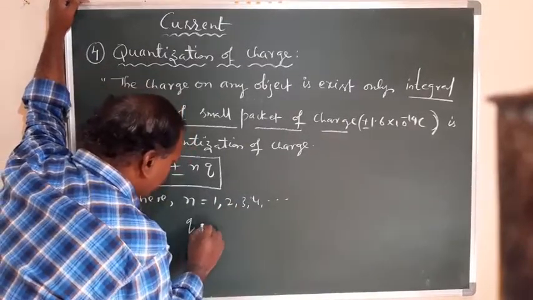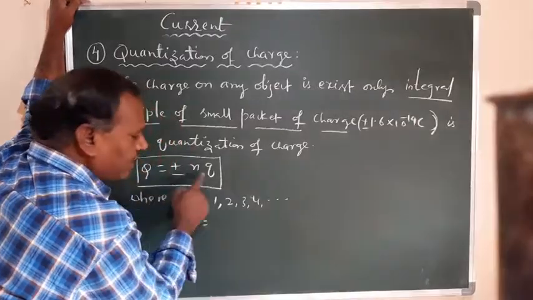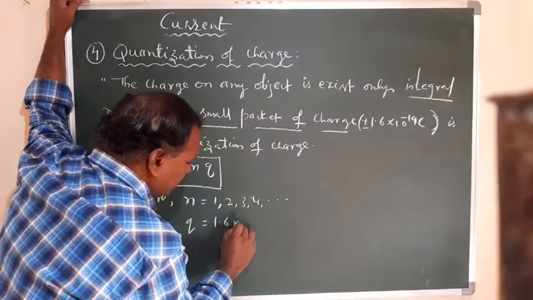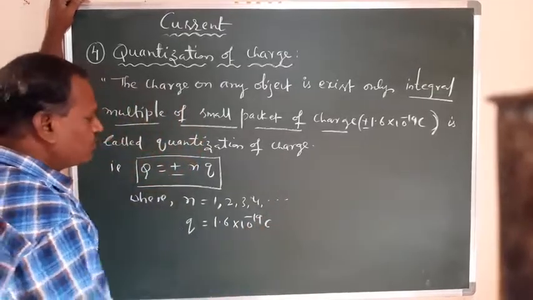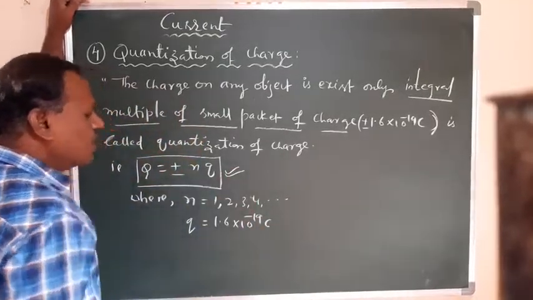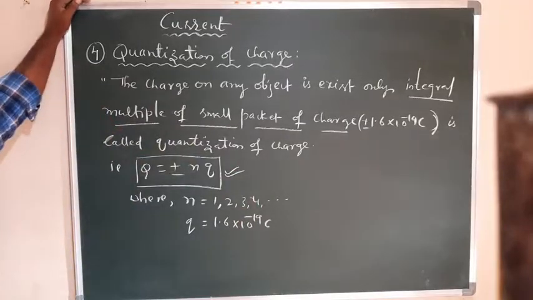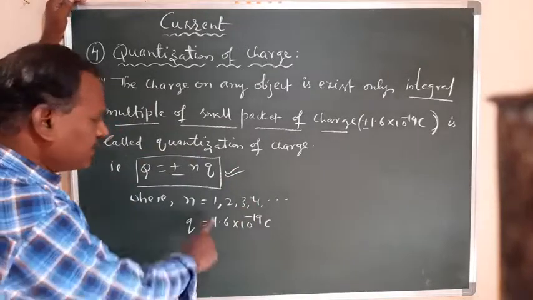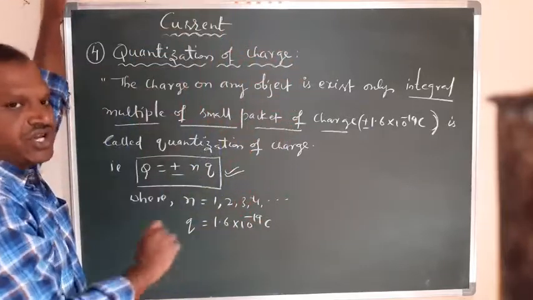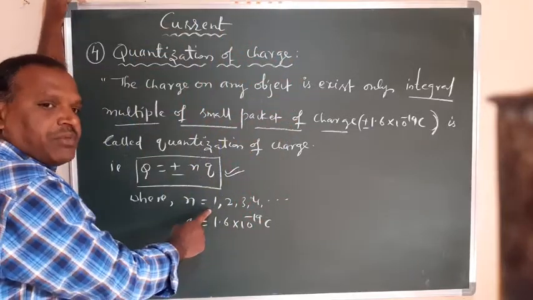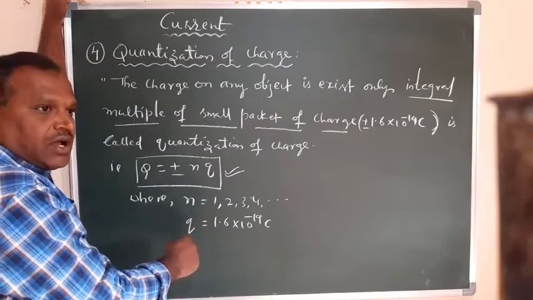And q, as you can observe, already carries the plus or minus sign, and q is 1.6 × 10^-19 coulomb. This equation is what is called quantization of charge, where n is an integer. Only integers 1, 2, 3, 4, 5, 6 exist. There is no 3 by 4, 5 by 6 or 7 by 3.